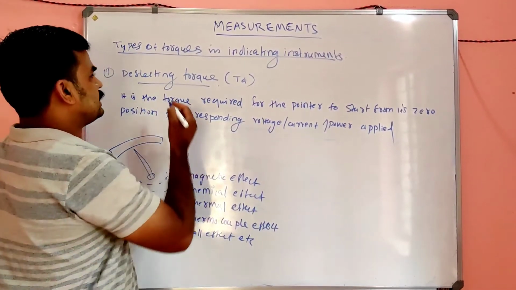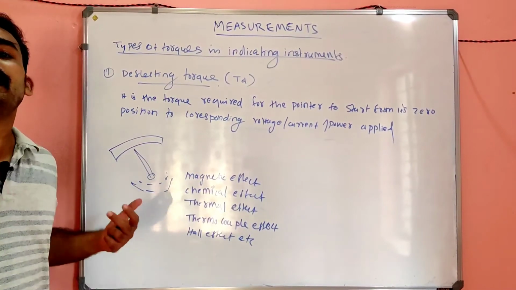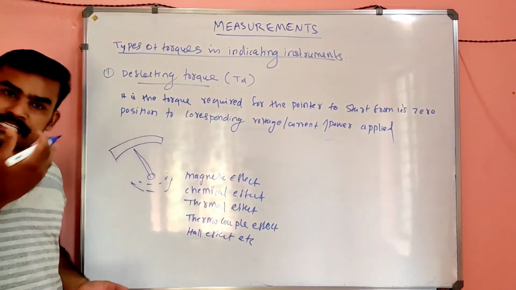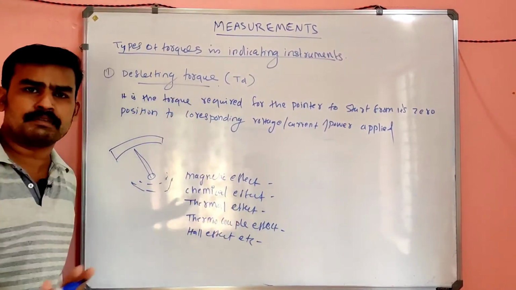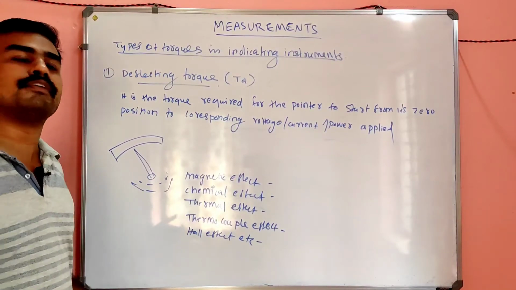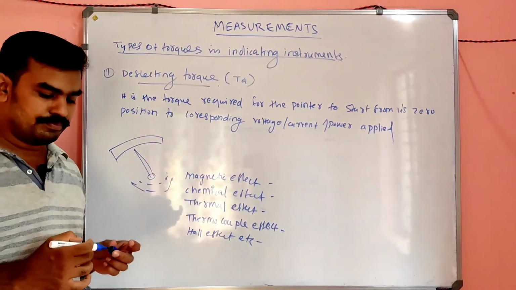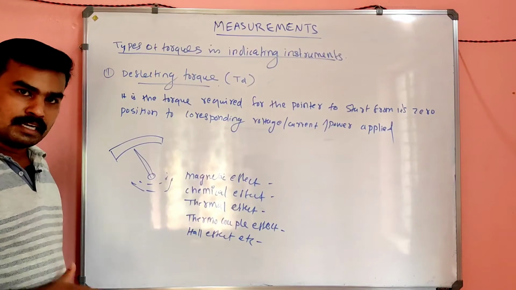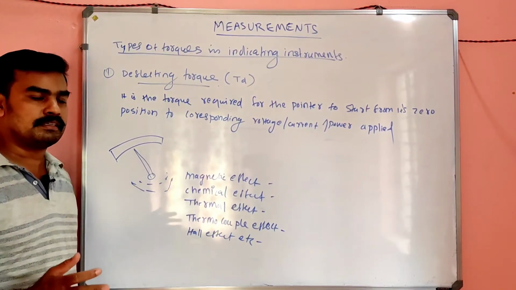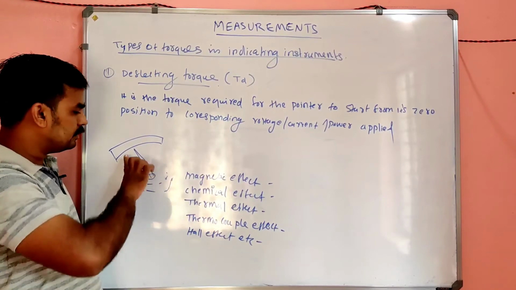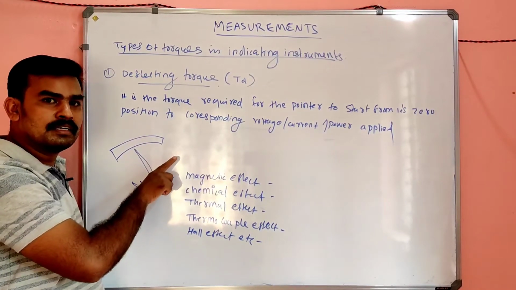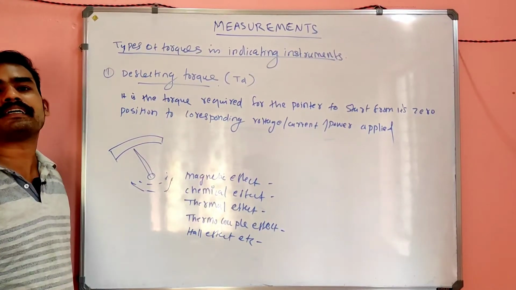So this deflecting torque may be generated by any one of these reasons. Is it clear? Here it is the current that will be the reason for the movement. In the next case it may not be the current.